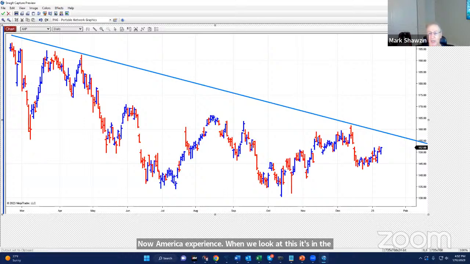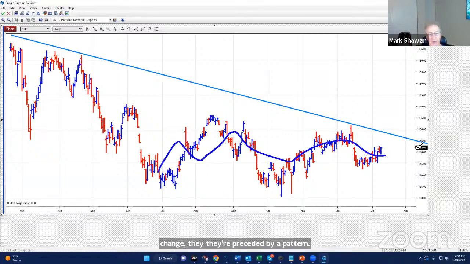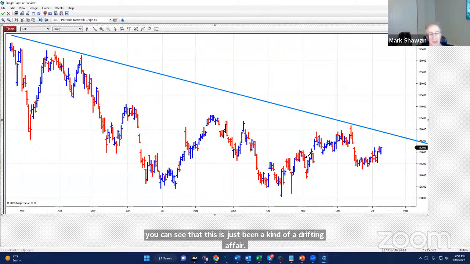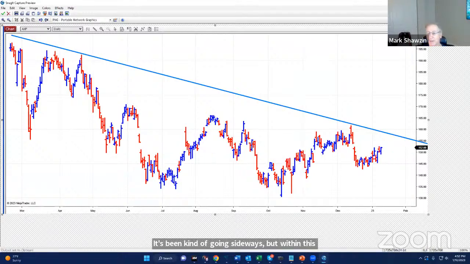But trends do change, and when they change, they're preceded by a pattern. So you can see that this has just been a kind of drifting affair. It's been kind of going sideways. But within this drift, there are some very discernible support areas. You have the double bottom there.